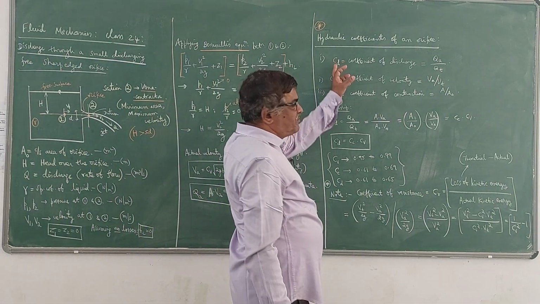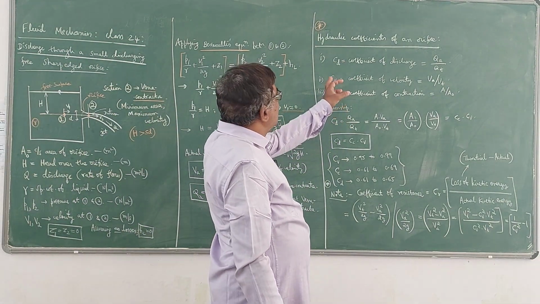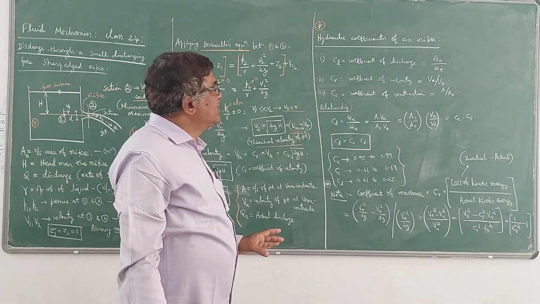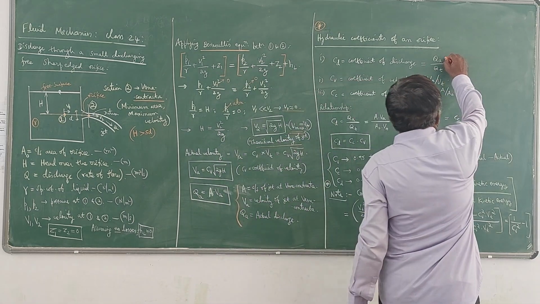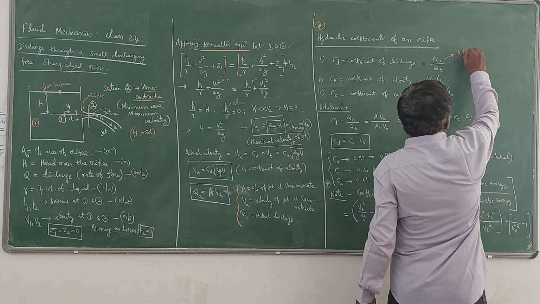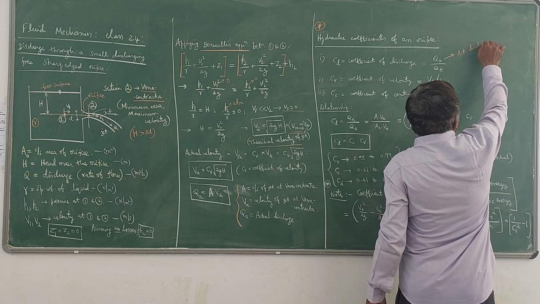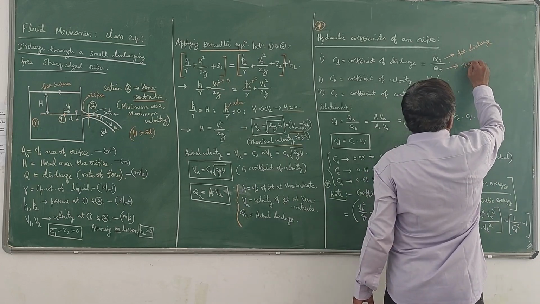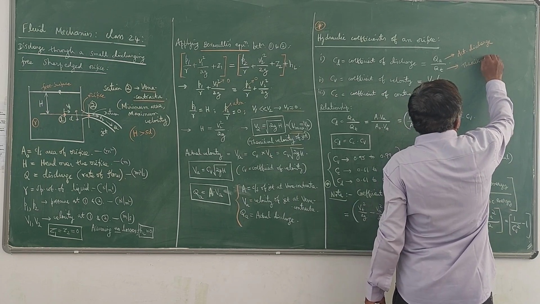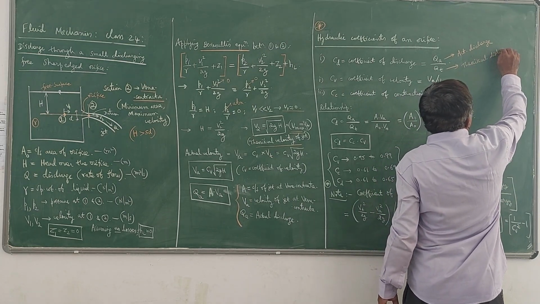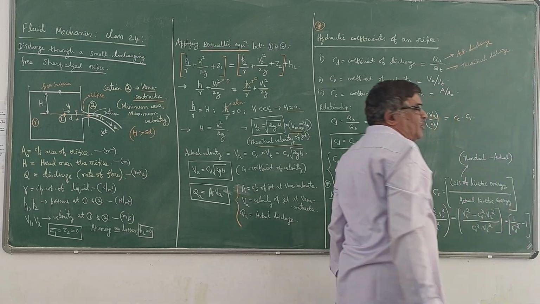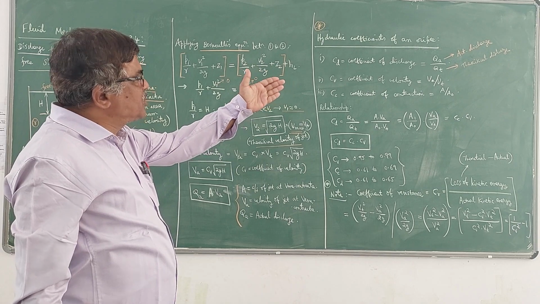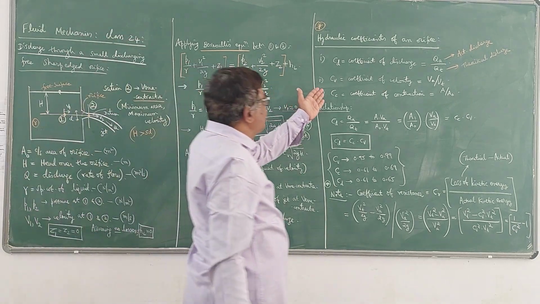First one is the coefficient of discharge, Cd, which is defined as the ratio of actual discharge to theoretical discharge. This is the general definition in all flow measuring devices.